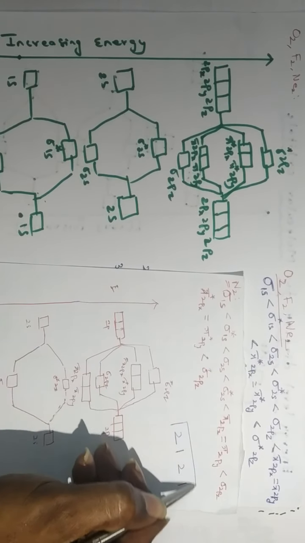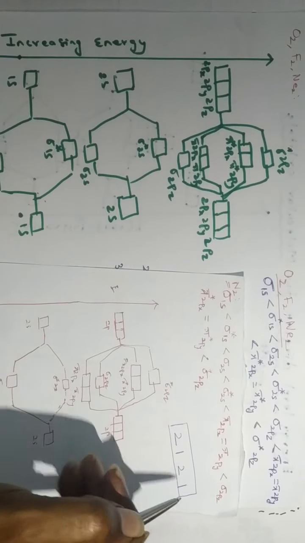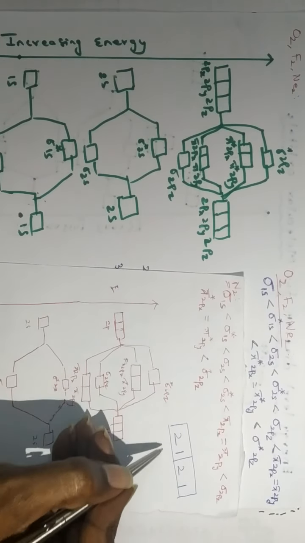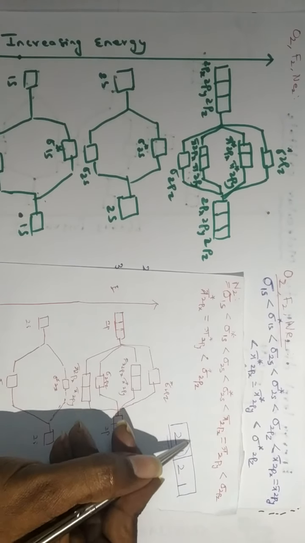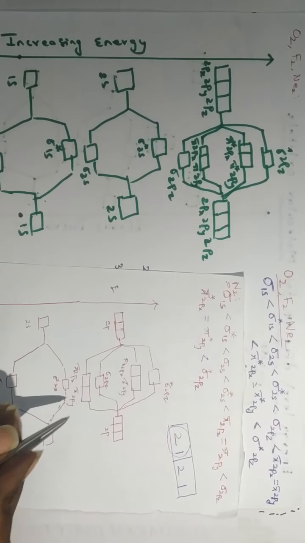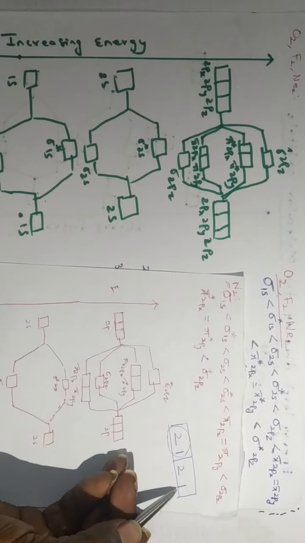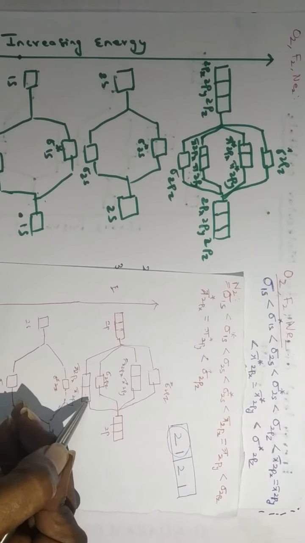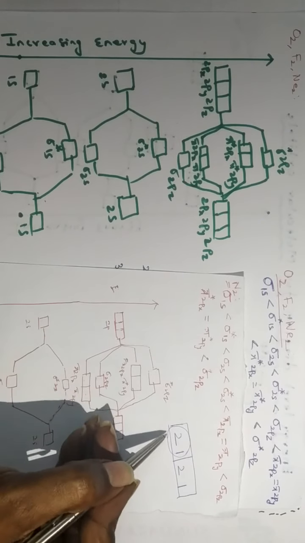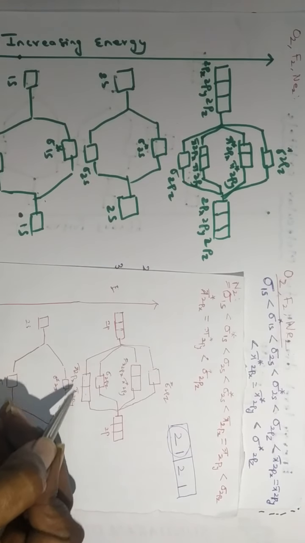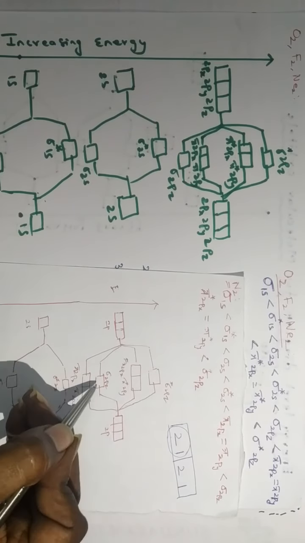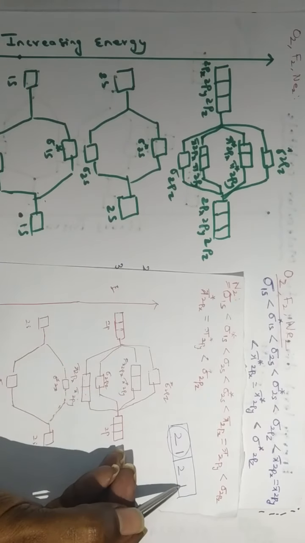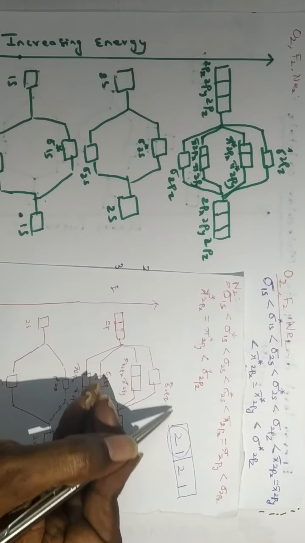So you can remember the numbers 2 1 2 1, and we can put a line here: 2, 1 for bonding molecular orbitals, and 2, 1 for antibonding molecular orbitals. Two boxes are the two molecular orbitals. This 2 indicates pi 2px, pi 2py, 1 indicates sigma 2pz, 2 indicates pi star 2px, pi star 2py, and 1 indicates sigma star 2pz.